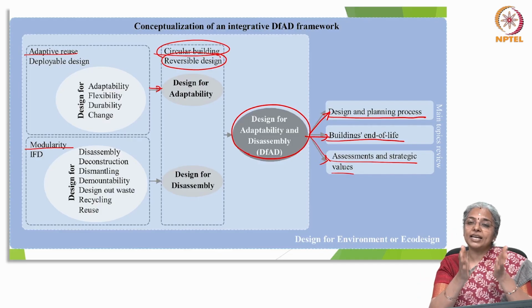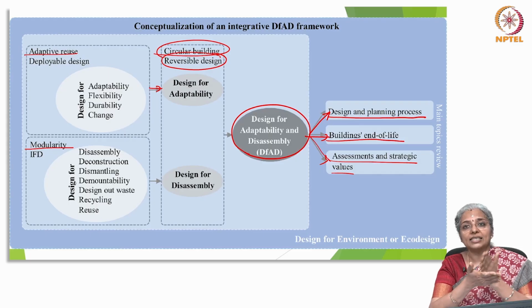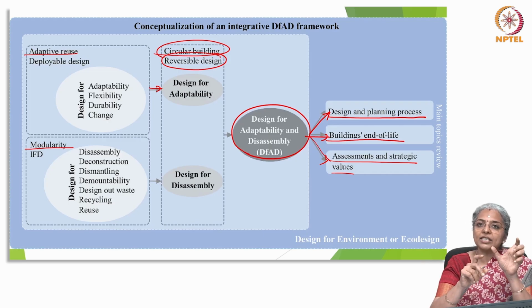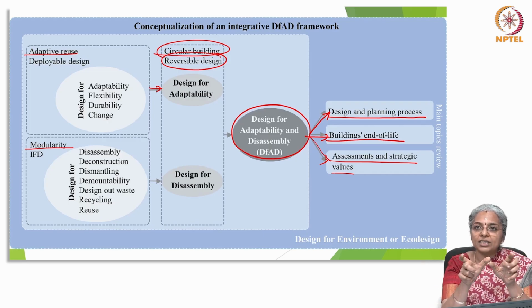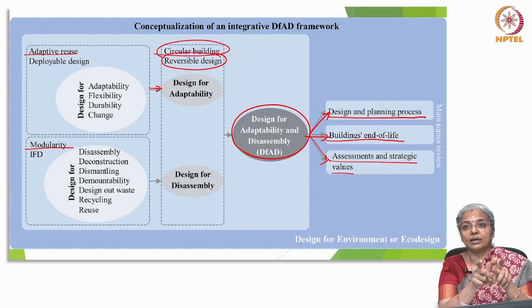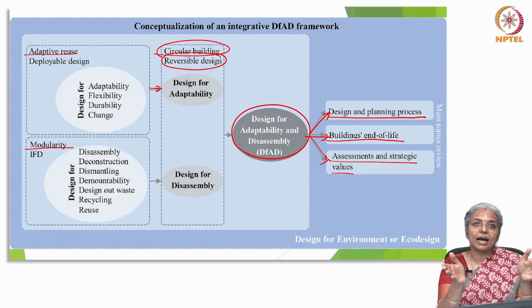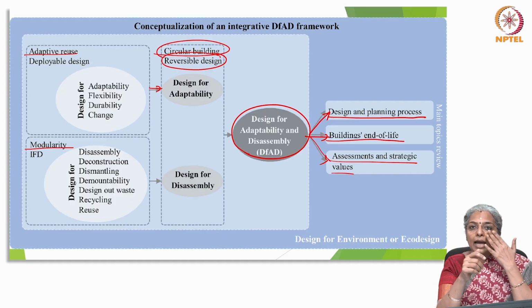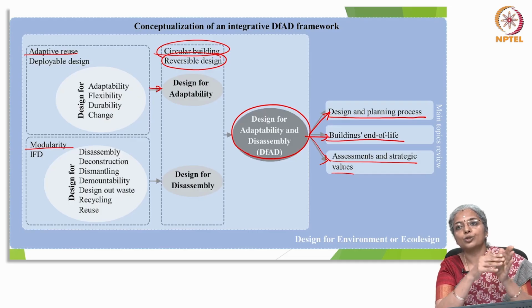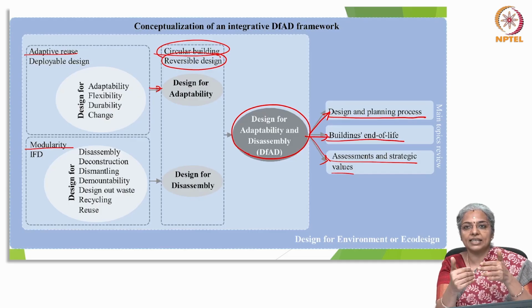So design for deconstruction is actually an eco-design method that can enable the assembly and disassembly of buildings to recover building components. We have this concept of design for deconstruction, which is also the design for disassembly, both of which have the same acronym DfD. And an adaptable building can be modified by users to meet their constant needs.